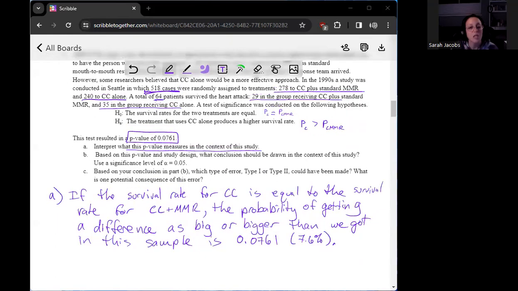Okay. It's a mouthful, but basically, if this is true, this is the chance of getting what we got.